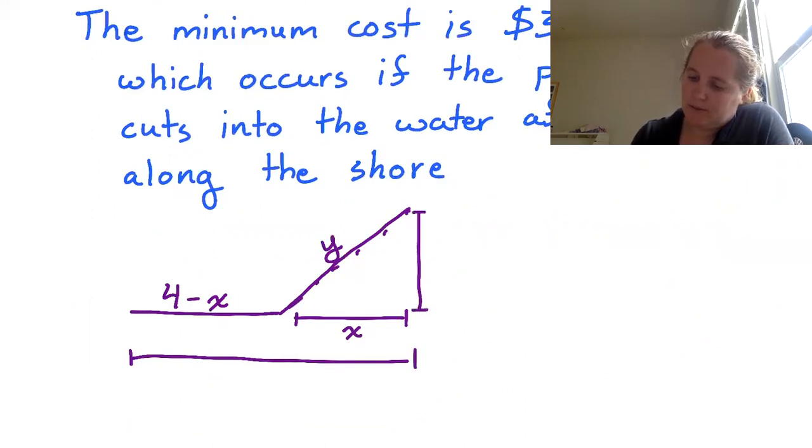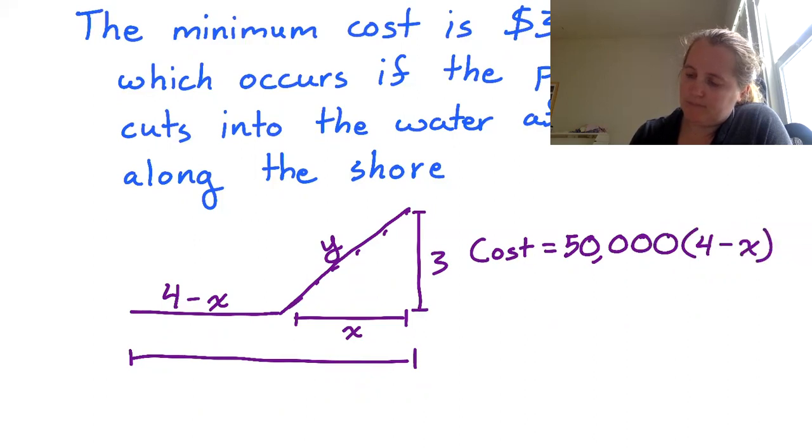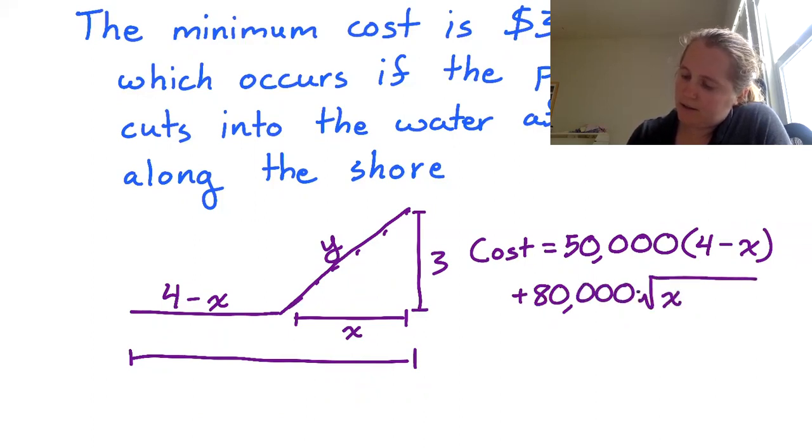This is still 3 miles. And so our cost equation would have been 50,000 times 4 minus X plus 80,000 times the square root of X squared plus 9 would be an alternative equation we could have used for cost.